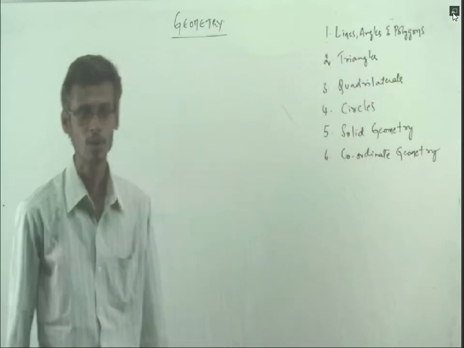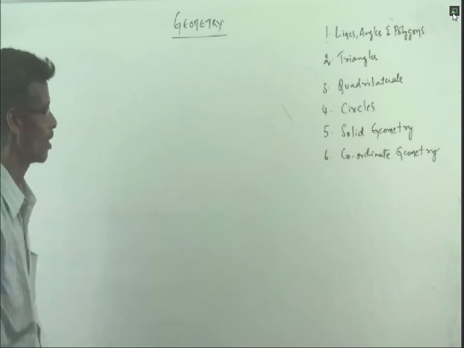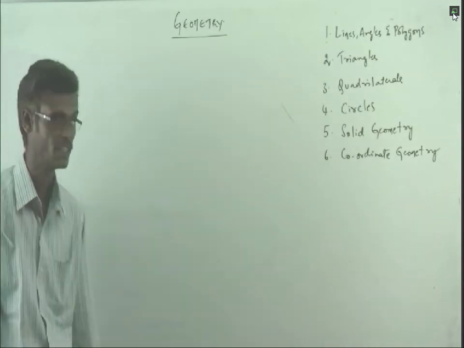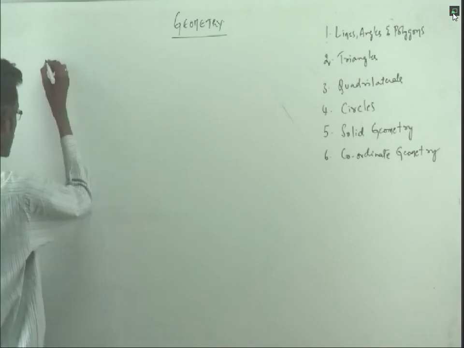These are the 6 areas which provide a solid foundation for the geometrical concepts which appear in the foundation IIT things and the main IIT curriculum also. So let us start with lines, angles, and polygons.